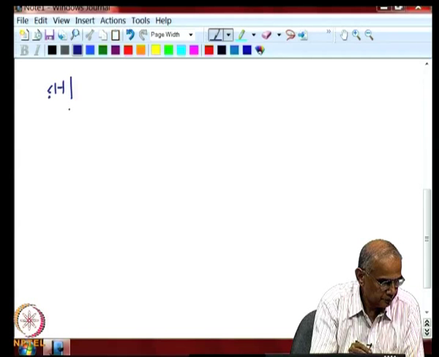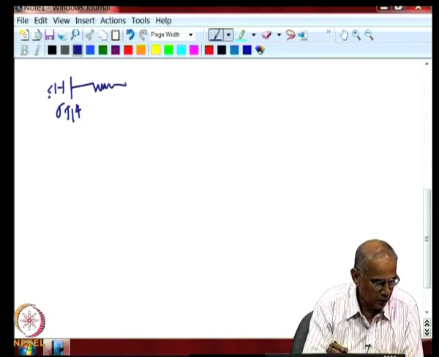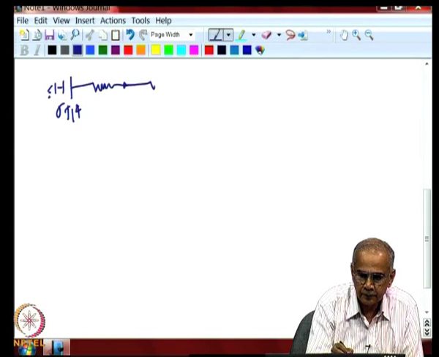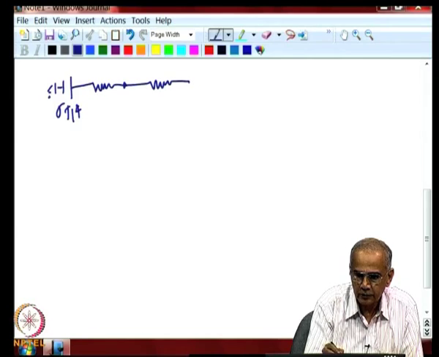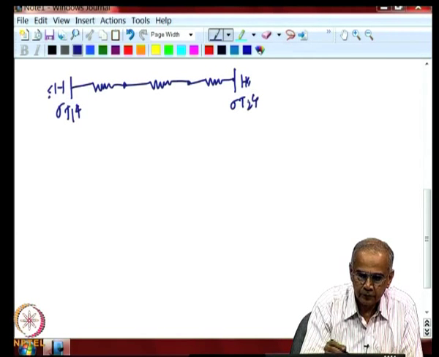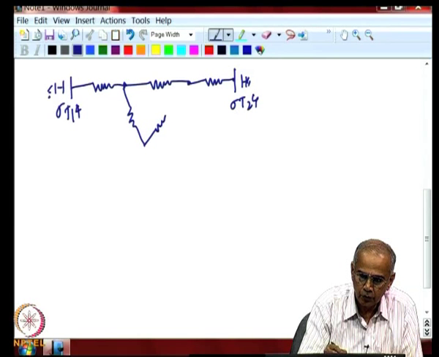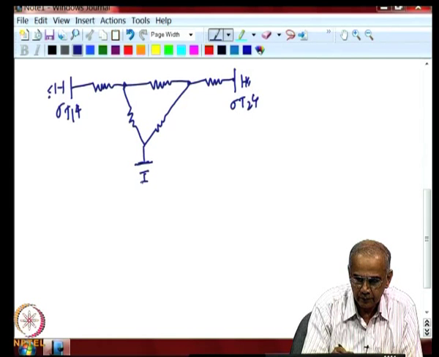of surfaces which involved a battery, a surface resistance, a geometric resistance, another surface resistance, and the second battery. And if you have a 3 surface enclosure, we drew 2 more geometric resistances, and then we had another battery here.